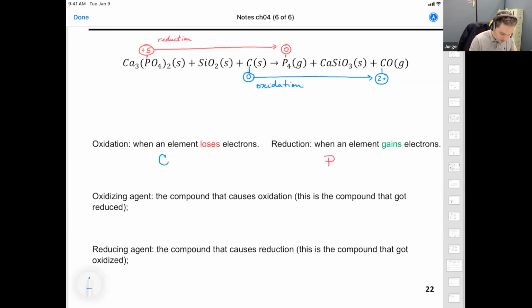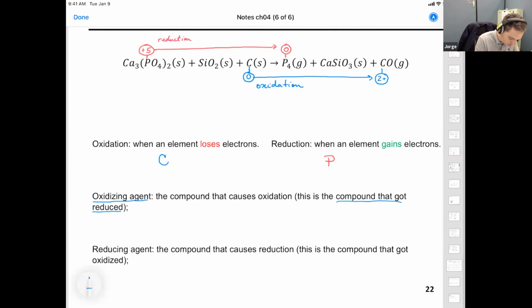So let's classify in this reaction the oxidizing agent. For oxidizing agent, we are going to look at the compound that got reduced. Now for the agents, we are looking at the whole molecule. So let's look here at who got reduced.